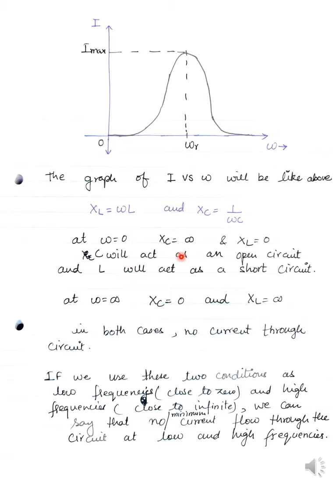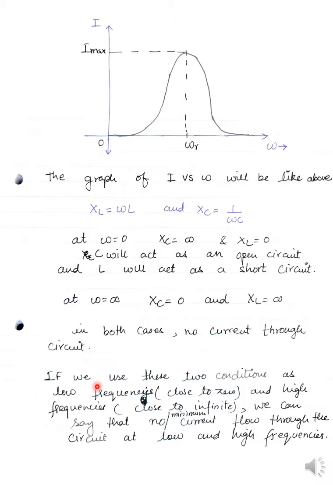So C will act as an open circuit and L will act as a short circuit. At omega equals infinite, XC will be 0 and XL will be infinite. In both cases no current flows through the circuit.